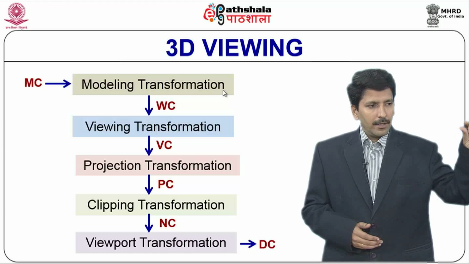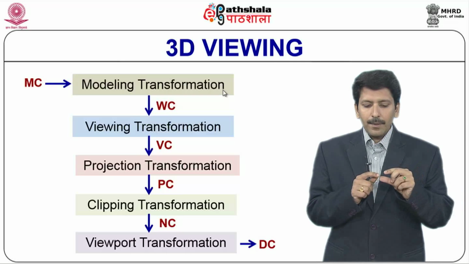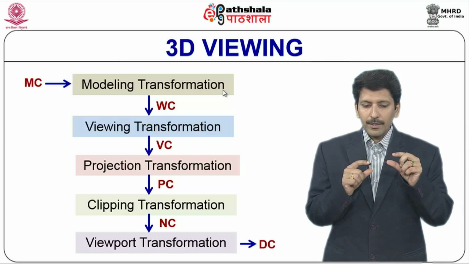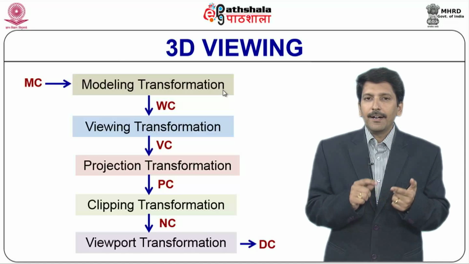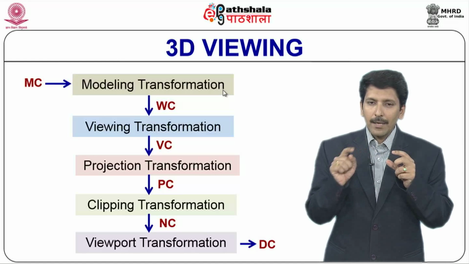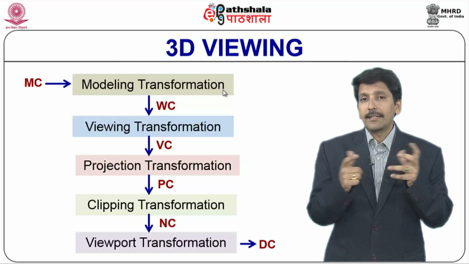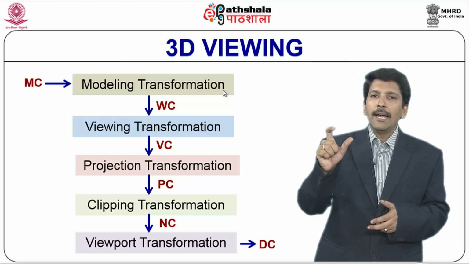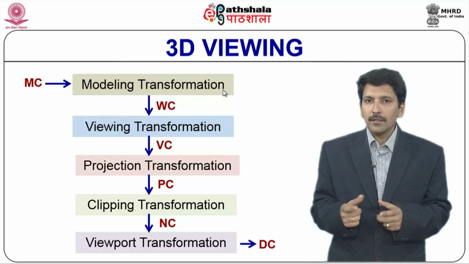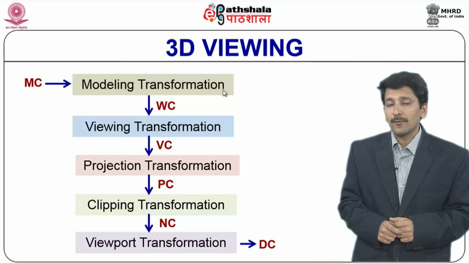You pick a standard object like a sphere, change some parameters like the radius, that is the size, position it appropriately and maybe orient it. This is all done in the modeling transformation.